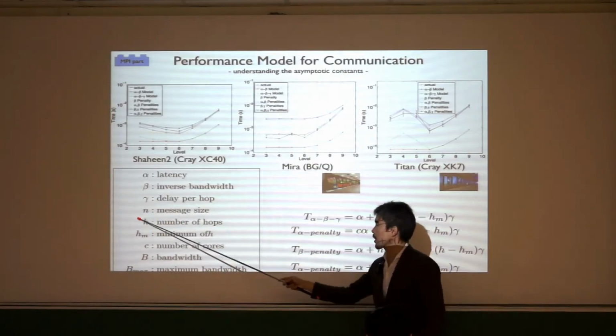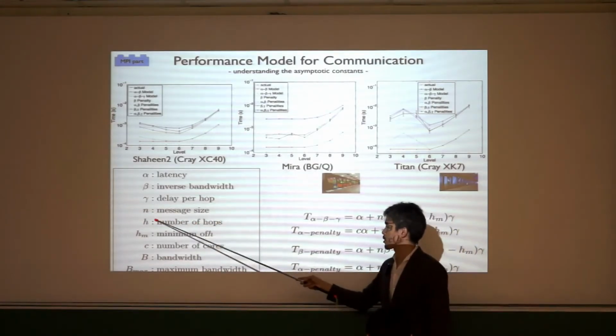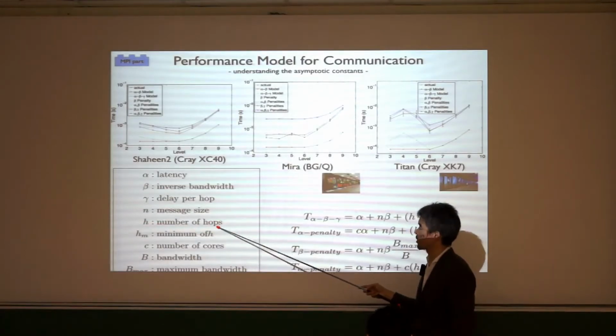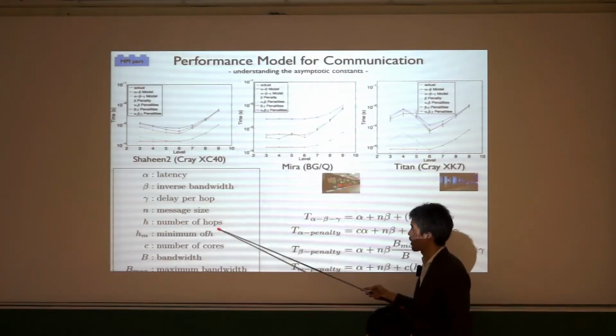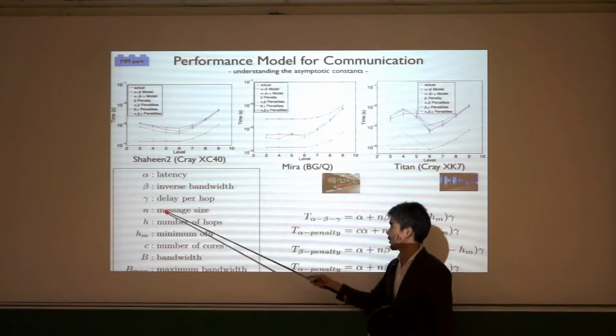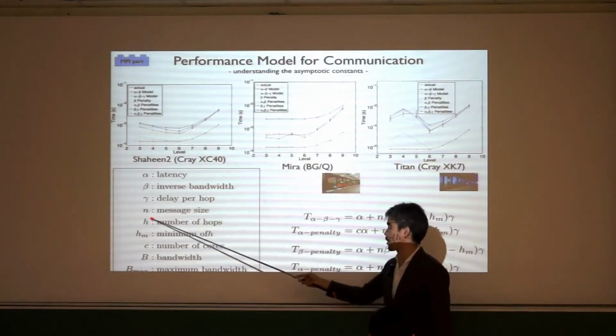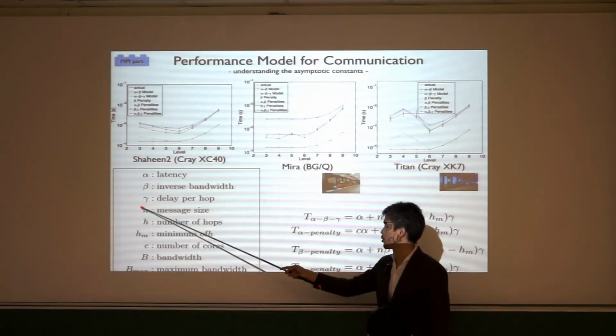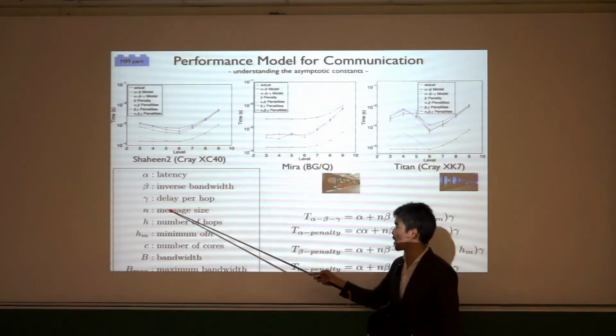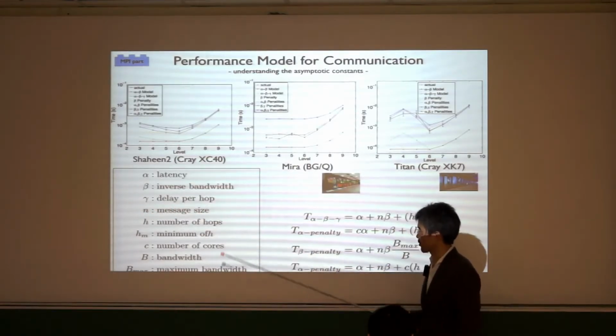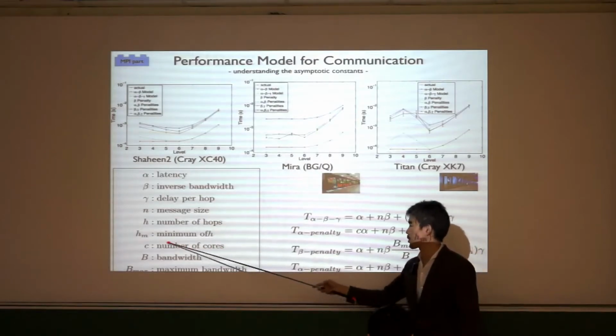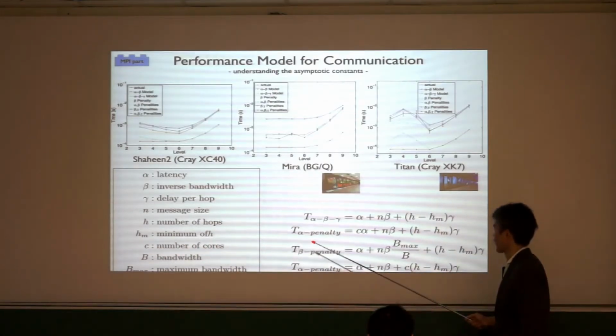You can decide who to communicate with by considering the number of hops. You can also decide the type of communication you're going to do and change the message size. This is more of an algorithmic issue. The number of cores is determined by the machine.